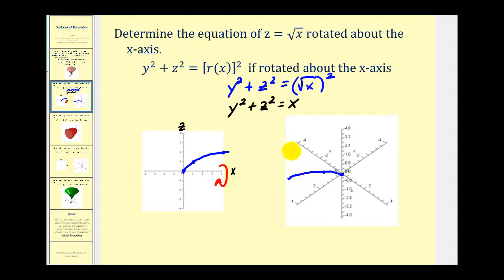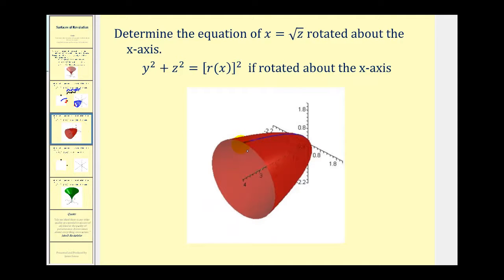If we rotate it about the x-axis, it would create a surface. That would look something like this. Here's a graph of it using some graphing software. And again, here's the generating curve.